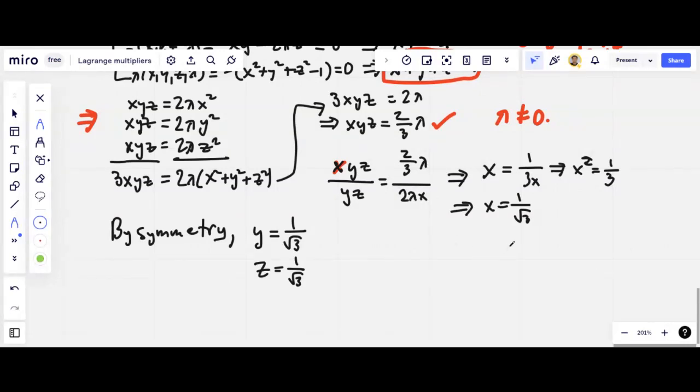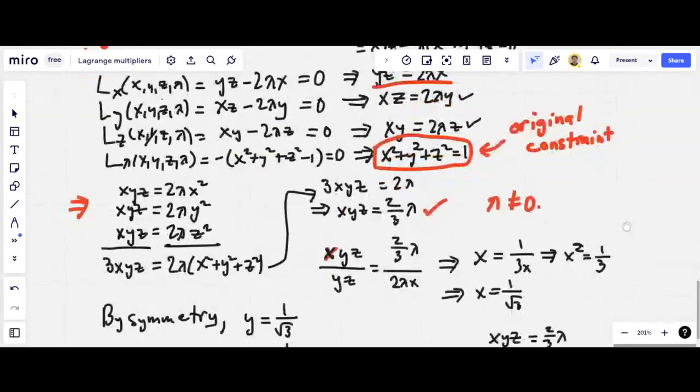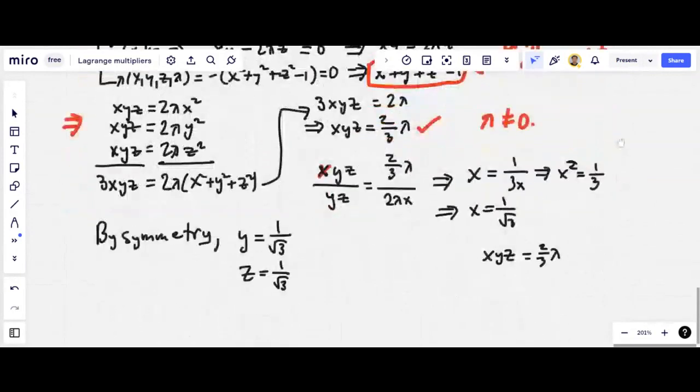So in particular, if we use xyz equal to 2/3 lambda, then using the second equation, we will have to divide this by xz.